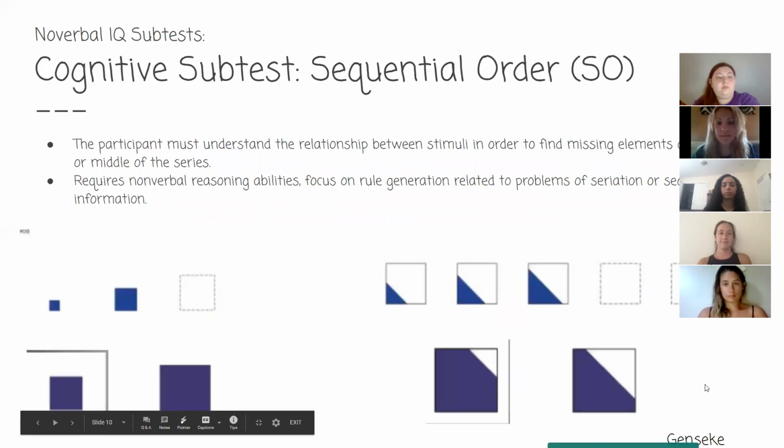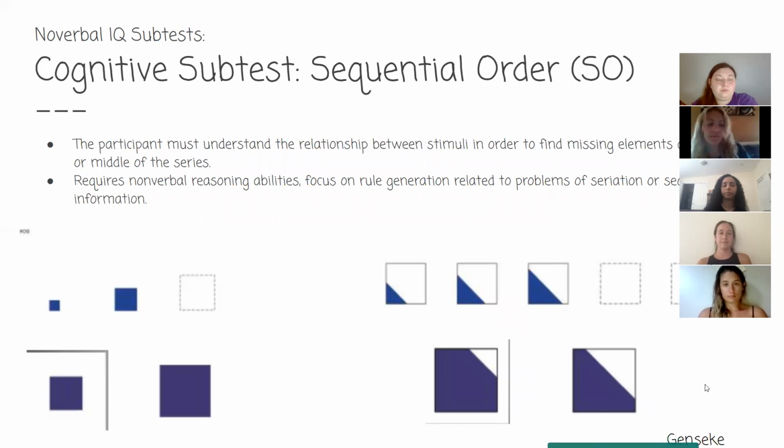And the last example I'm going to bring you to of the cognitive subtest is sequential order. In this one, the participant must understand the relationship between stimuli in order to find that missing element at the end or the middle of the series. It requires nonverbal reasoning abilities, focus on rule generation related to problems of seriation or sequential information.